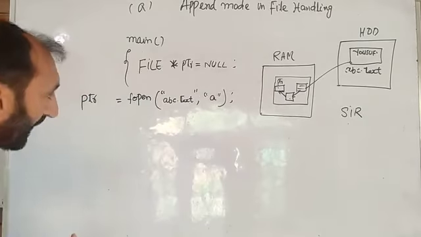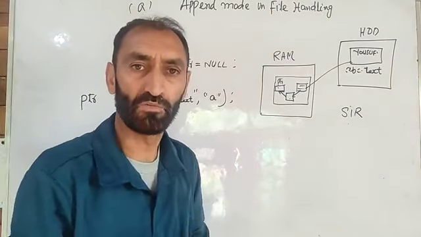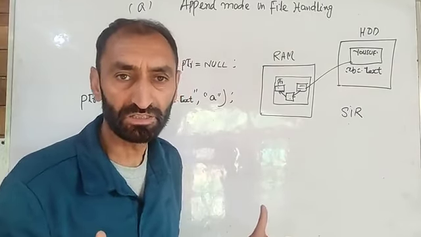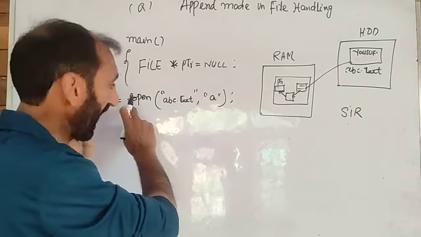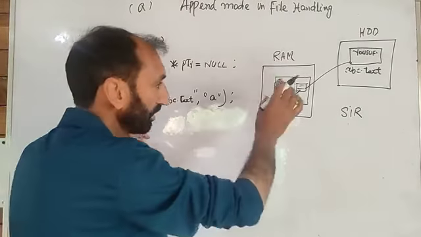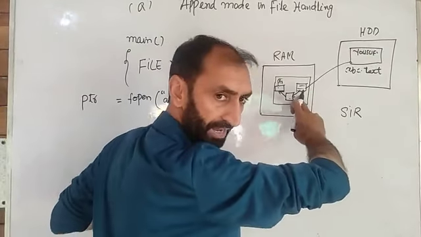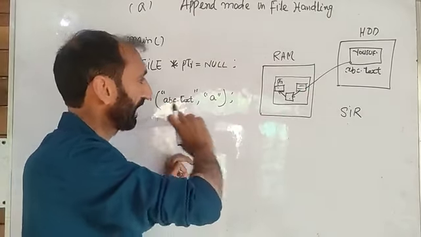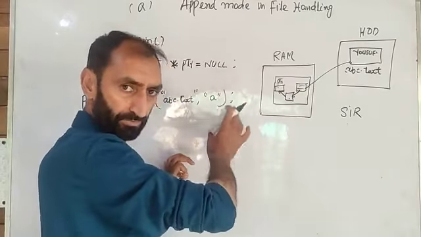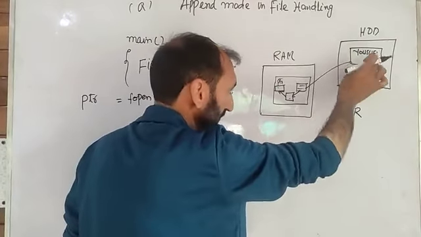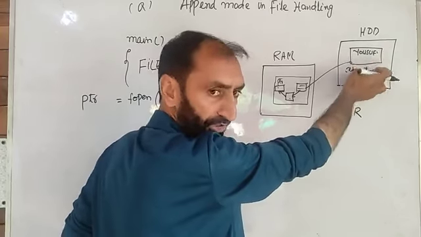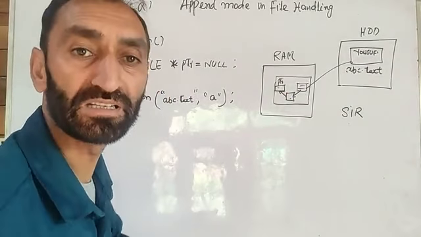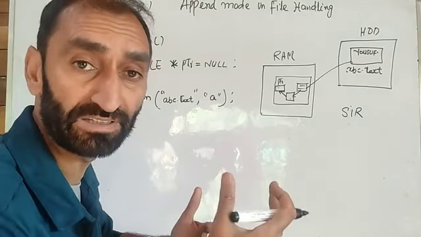After that, first of all, I will check whether, due to some reason, the function fopen fails to load the contents of this abc.txt into the main memory, then how can we edit or append its contents?